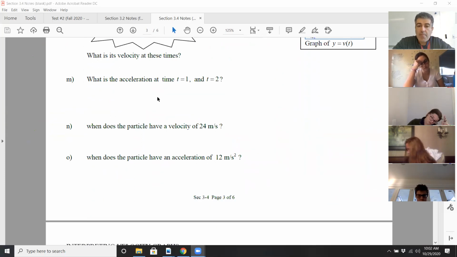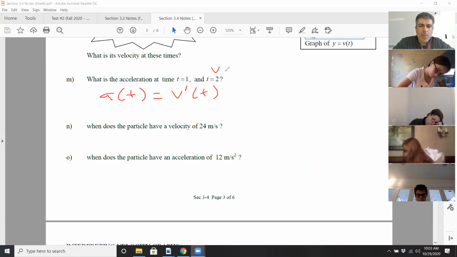So what was the acceleration at time t equals 1 and t equals 2? In this case, I could find acceleration by simply taking the derivative of velocity. Remember, velocity was 3t squared minus 12t plus 9. So what's the derivative of the velocity? 6t minus 12.